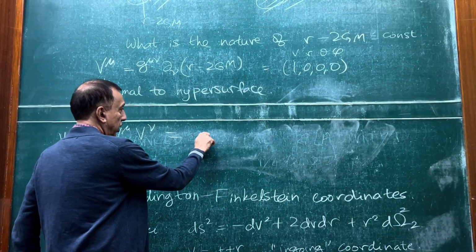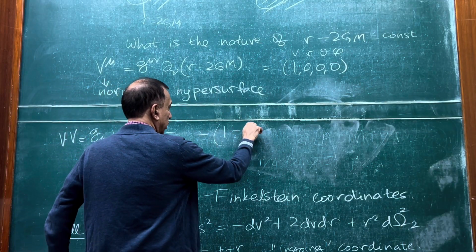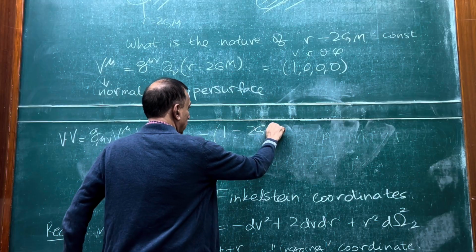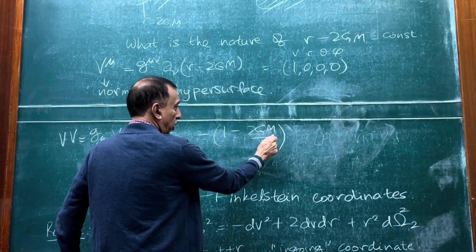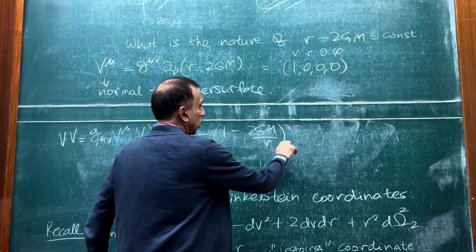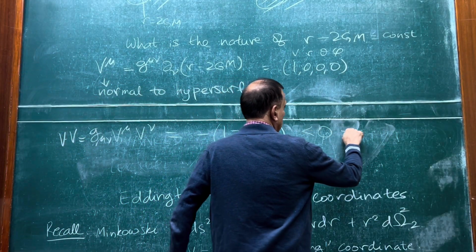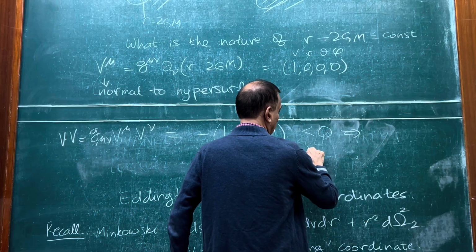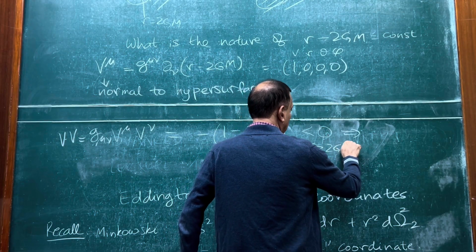If we just use that metric, the inner product is minus 1 times (1 minus 2GM/r). And for r greater than 2GM, this is less than 0. So for r greater than 2GM, it's time-like.